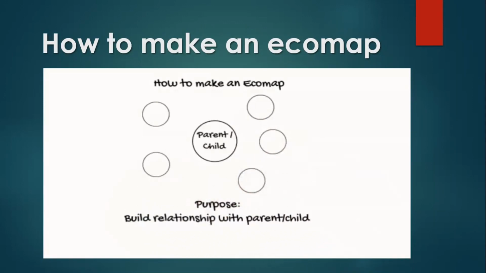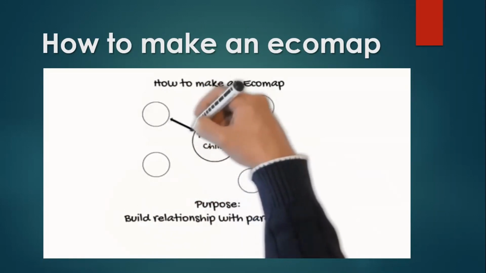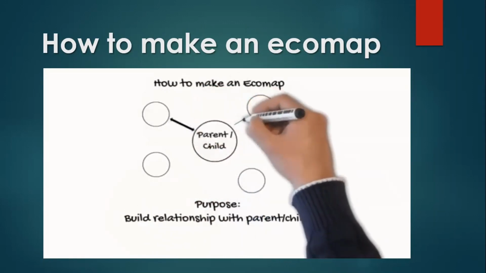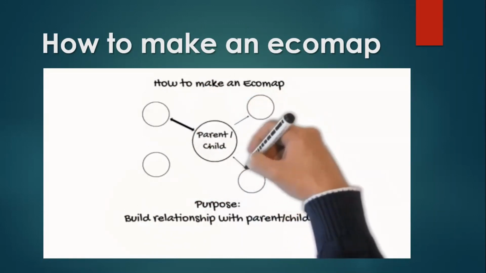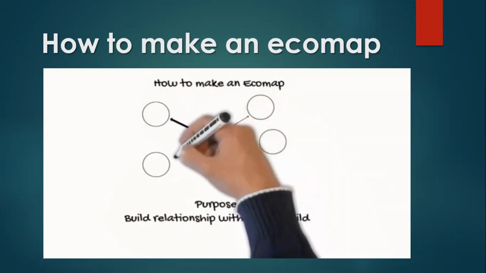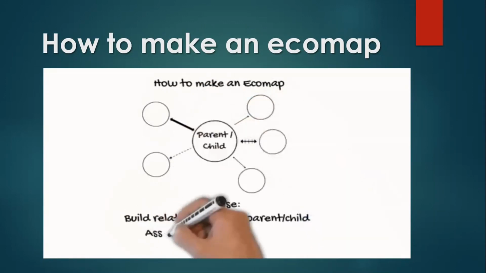The eco map shows the important nurturing or conflict-laden connections between the family and the world. It demonstrates the flow of resources or lack thereof. As an assessment tool, an eco map can be helpful in determining the family's strengths, resources, needs, and deficits.